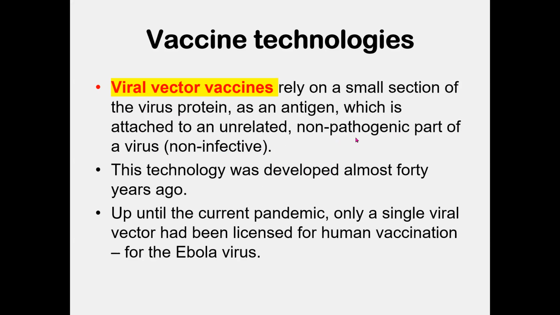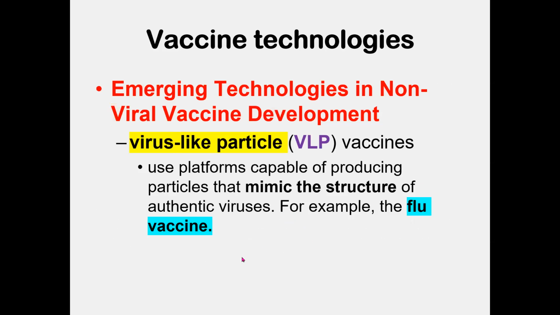So a non-infective virus, which does not affect us, a piece is added to that and injected into us. So this was about a 40-year-old piece of technology, and it wasn't until this technology was used for the Ebola virus.